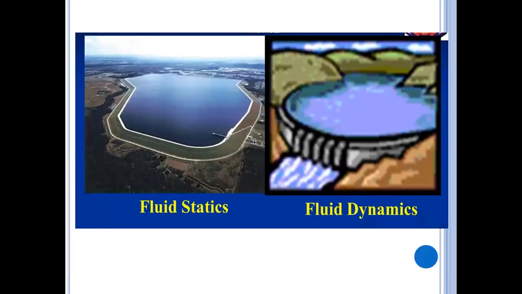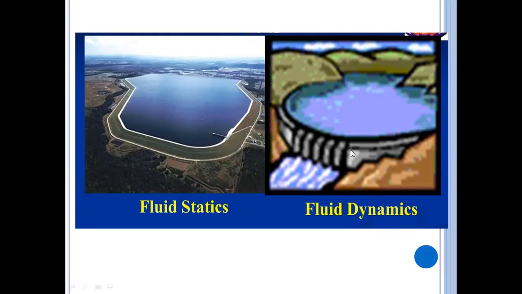So this slide tells you in detail about fluid statics and fluid dynamics examples. The first picture is a dam or a catchment area, where you can see the fluid, that is the water, is at rest. There is no motion you see here.